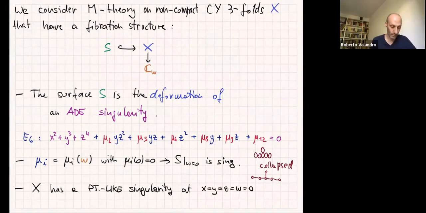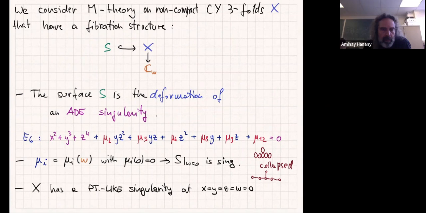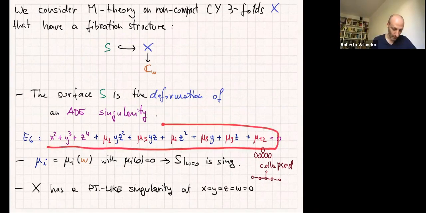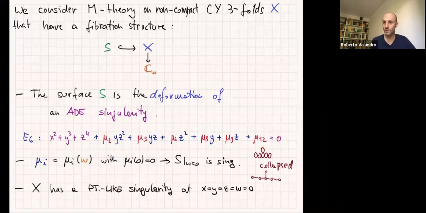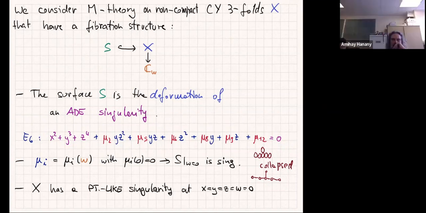In C4, yes, not C3. So if mu is constant, all the mu are constant, then this is a hypersurface in C3, and it's describing the deformation of an E6 singularity.